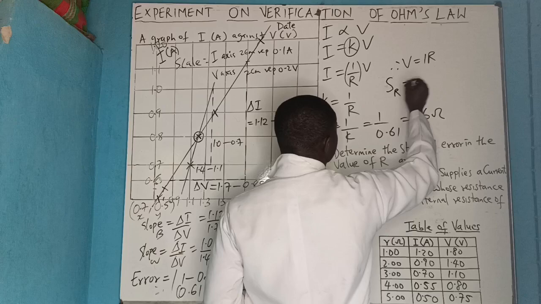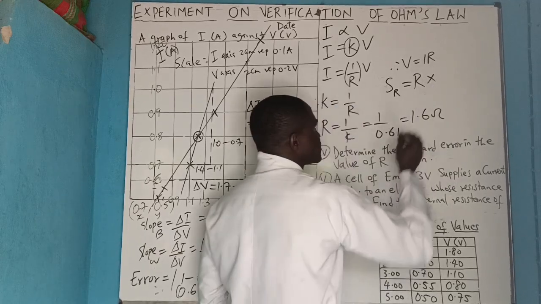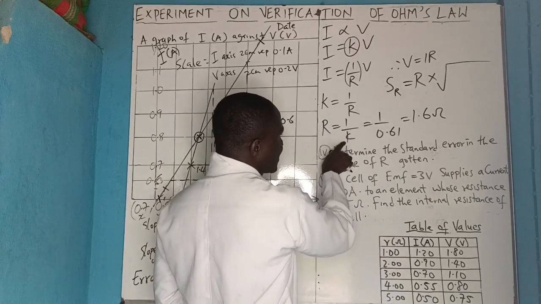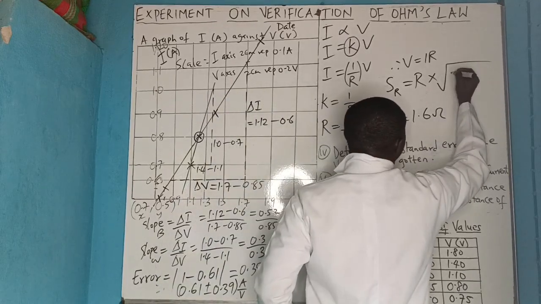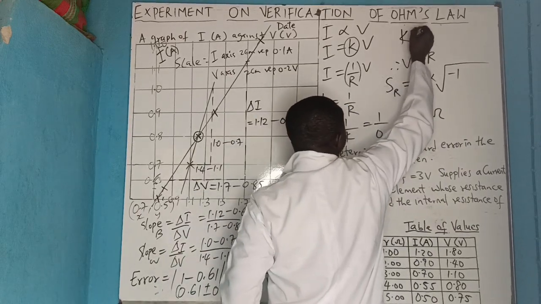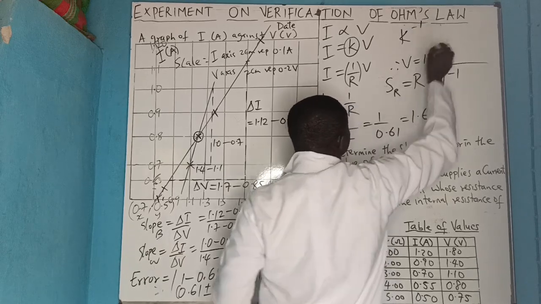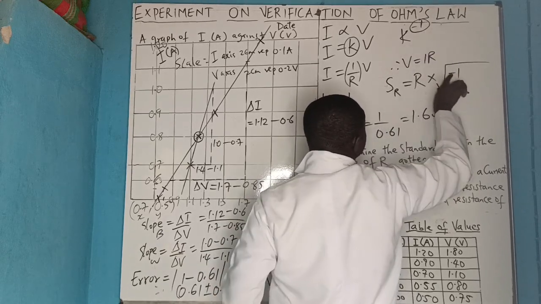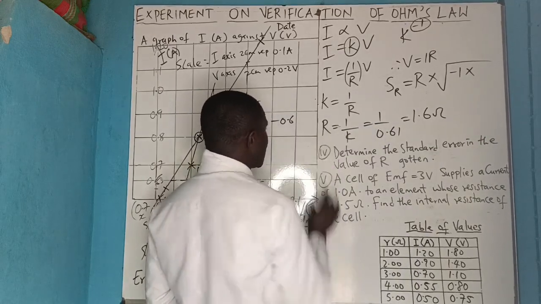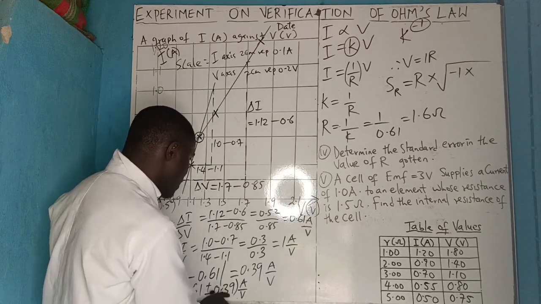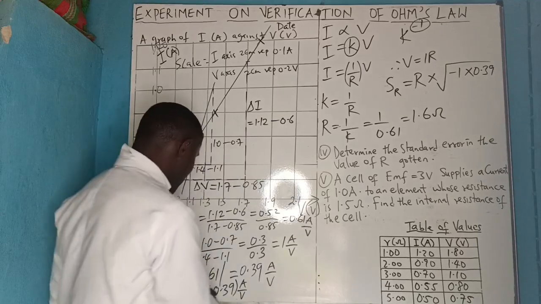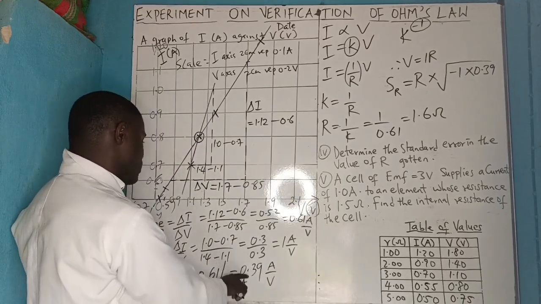Standard error in R is equal to R times square root of, since R is equal to 1 over K, that is K inverse, you say minus 1. This means 1 over K means K raised to power minus 1. So carry that minus 1, put it here, times what? Error in K. What is the error in K? We got the error to be 0.39. Since our K is the slope, the error was 0.39.